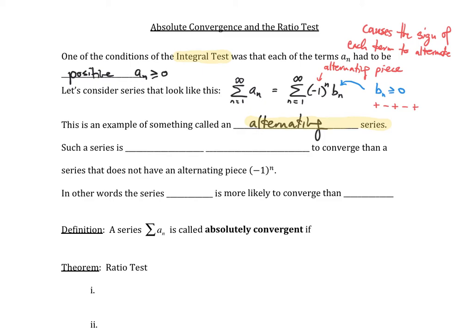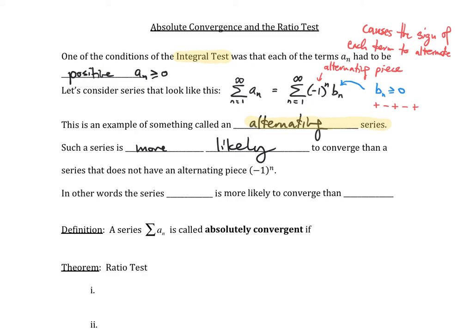So we actually have an entire section dedicated to looking at alternating series. What I want to do at the present moment is talk about the difference between these two cases: one where you have a series that's always positive, and one where you have a series that's alternating. When you have a series that's alternating, it is more likely to converge than a series that does not have an alternating piece.